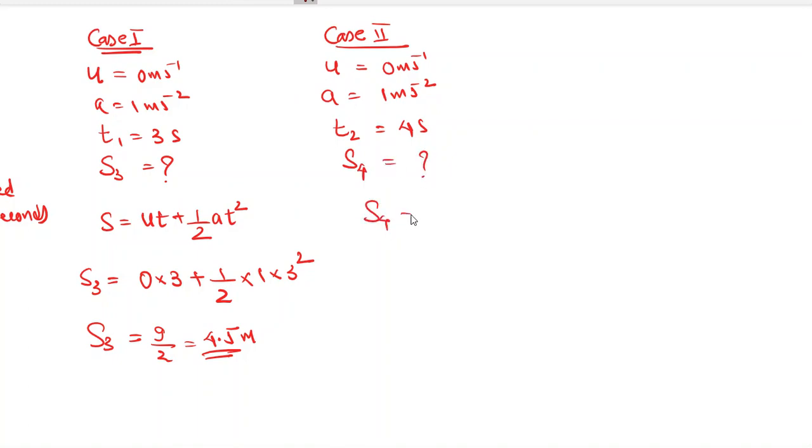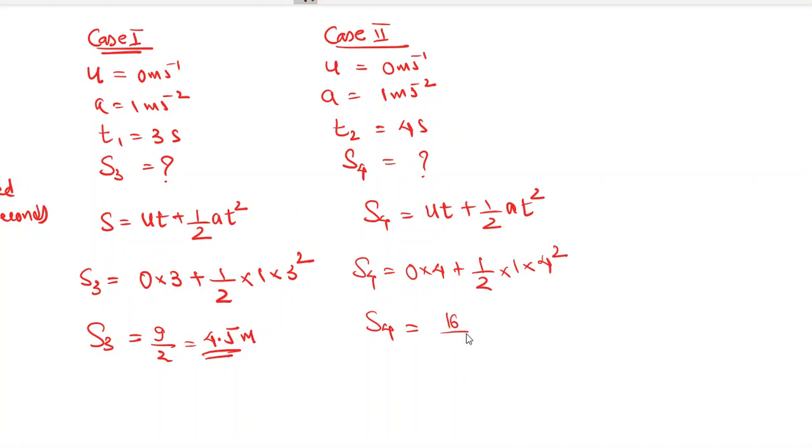So S4 is equal to ut plus half at square, the second equation of motion. So that is 0 multiplied by 4 plus half multiplied by 1 into 4 square. So S4 is equal to 16 by 2, that is 8 meter.